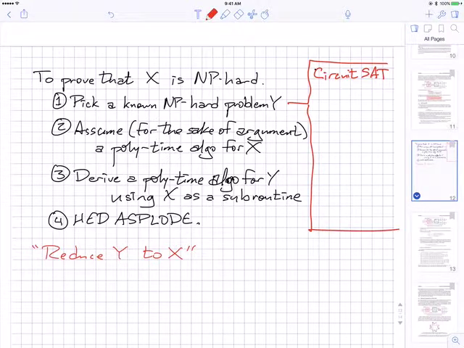But I just walked through this argument for the problem X being formula SAT, otherwise just known as SAT. So that means that for purposes of proving future problems are NP hard, I can start my reduction from SAT.